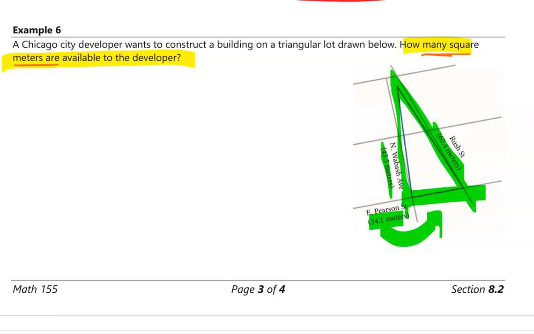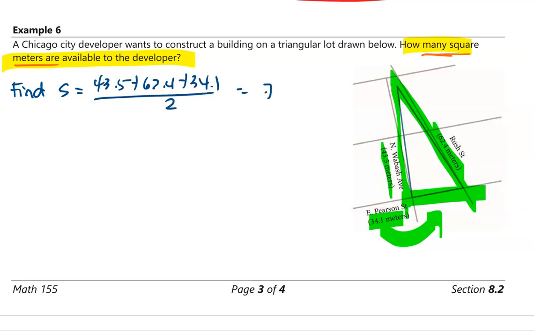And remember, before we use Heron's formula for the area, we need to solve first for S, which is equal to 43.5 plus 62.4 plus 34.1 divided by 2, which is actually equal to 70. And then next is find the area.